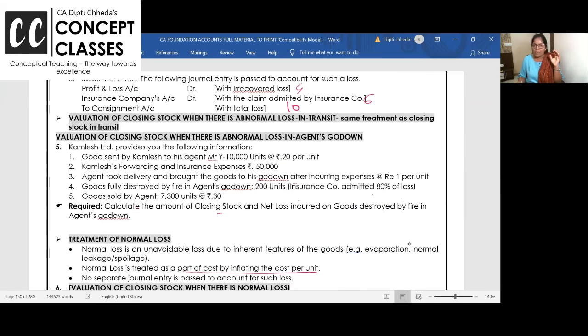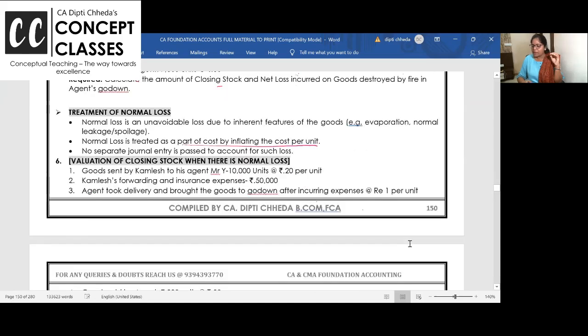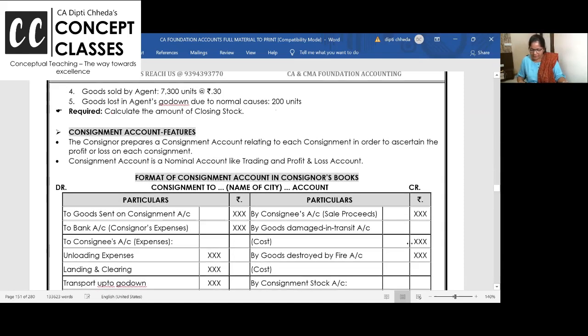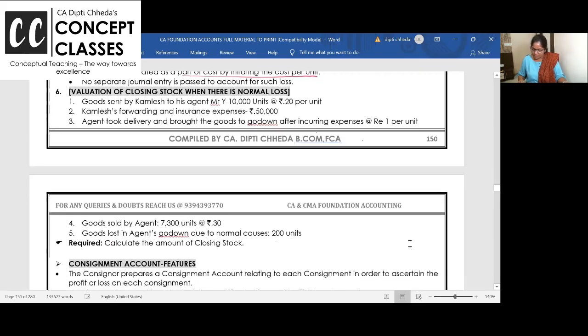Here it was abnormal. Now if it is normal, quantity will reduce, but जैसे आपने अभी cost minus किया ना, नहीं करेंगे. Same sixth problem, but treating it as normal loss. Same data, same problem. तो compare हो जाएगा.